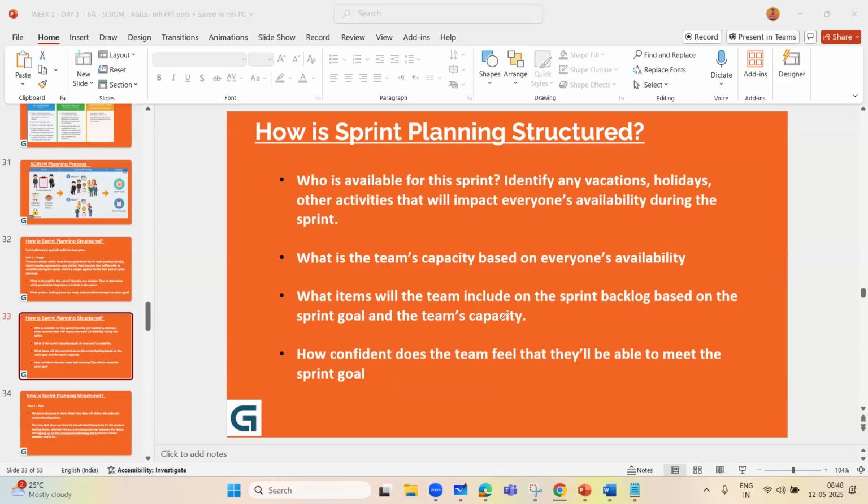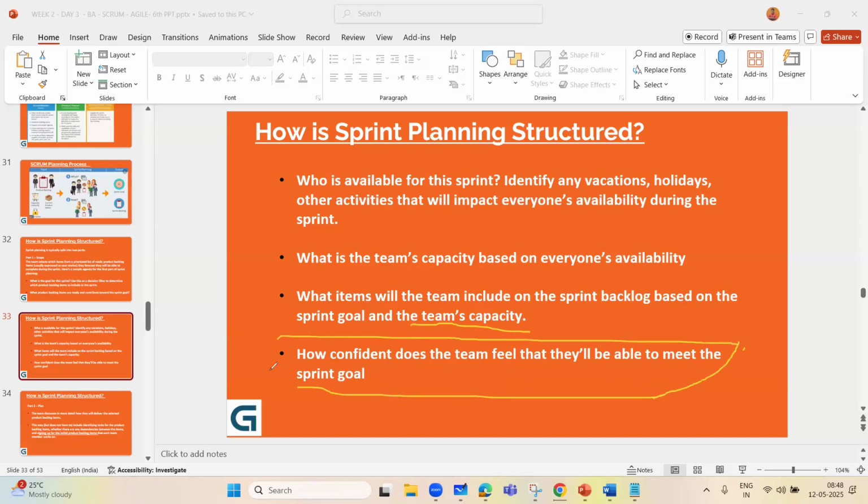What items will the team include on the sprint backlog based on the sprint goal and the team's capacity? I quickly told you how to define the capacity and who all will be there. I took everyone's example. How confident does the team feel that they will be able to meet the sprint goal? After sprint planning is done, everyone's work is assigned to them.